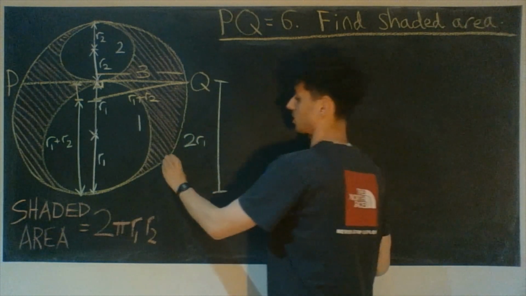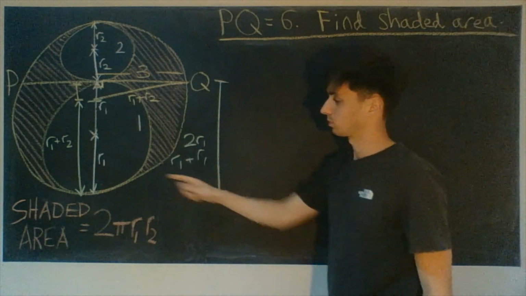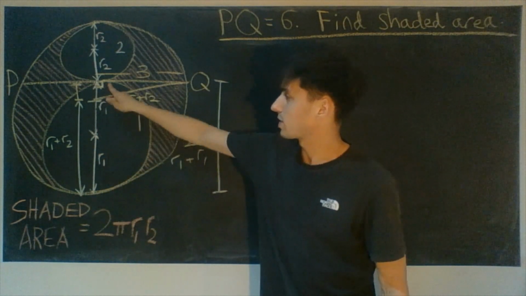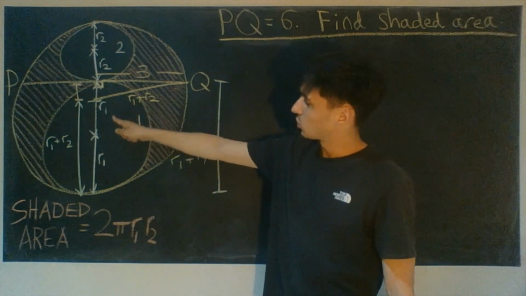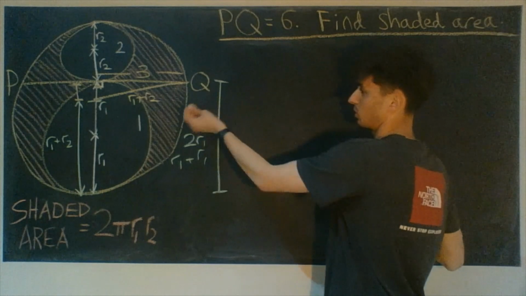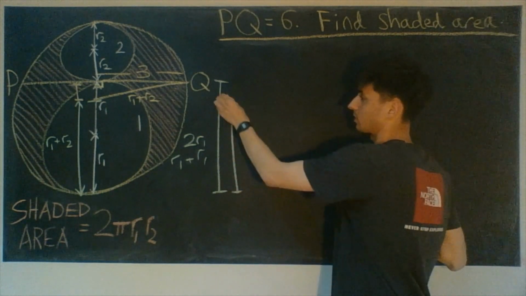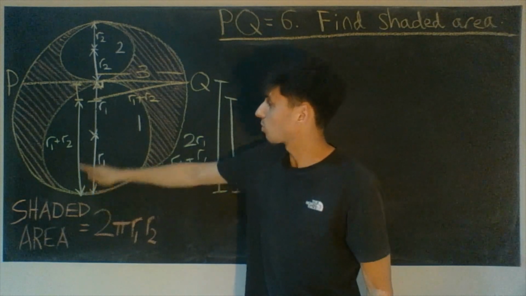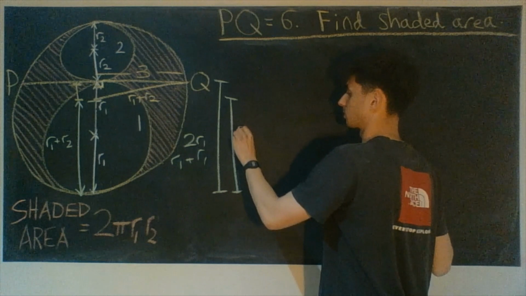Or in other words, it's R1 plus R1. 2 of this radius. And the distance to our centre, so if we try and get about the same level on there, the distance to the centre of the largest circle is R1 plus R2.